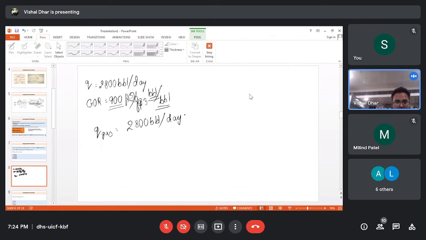The unit is not given in the question, so it will be standard cubic feet per barrel, because gas is measured in cubic feet and oil is measured in barrel. So the unit for GOR will be SCF per barrel. Total gas flow rate will be 2800 barrel per day times 900 SCF per barrel.